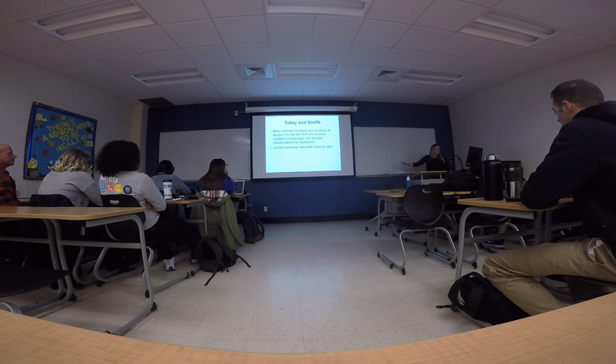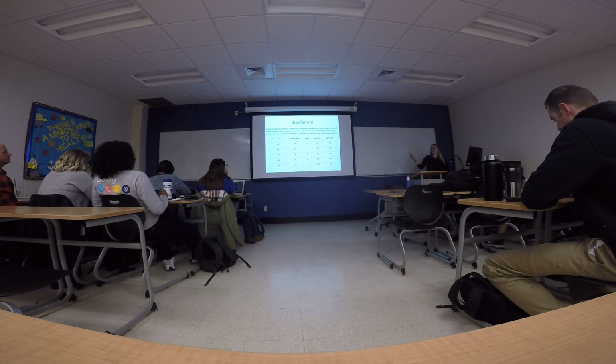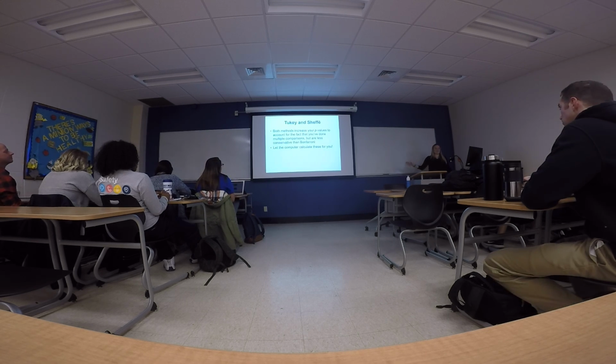The computer does not calculate Bonferroni for you. This is one that you do need to know how to do: 0.05 divided by the number of tests. It's very simple at least. Tukey and the other test are both corrected already for you, but they are less conservative than the Bonferroni adjustment.